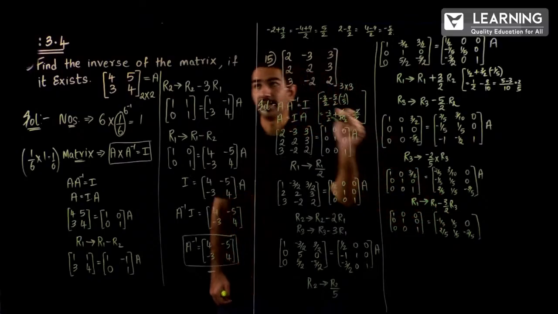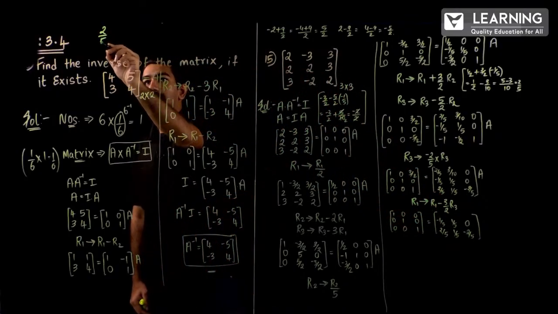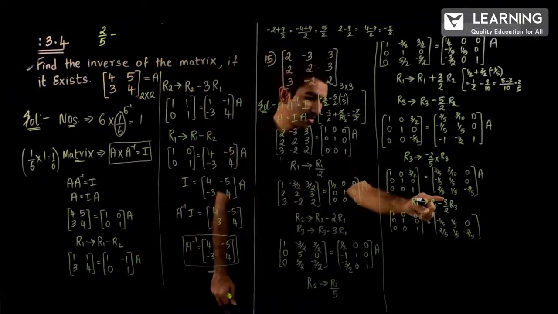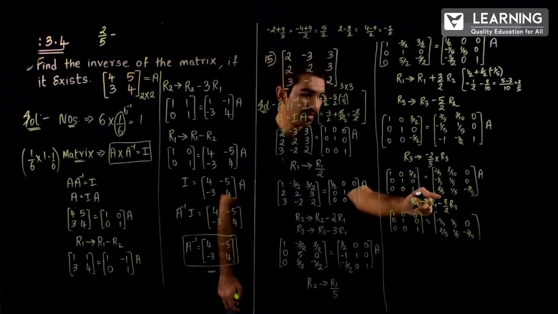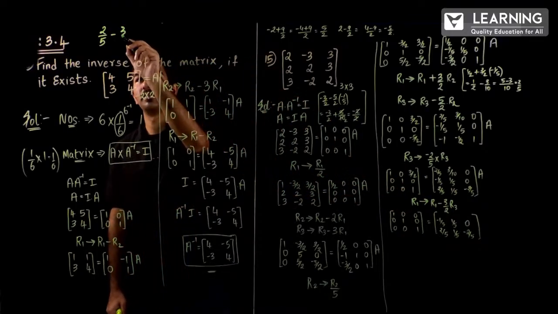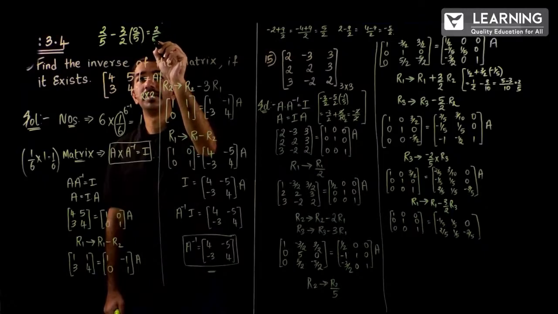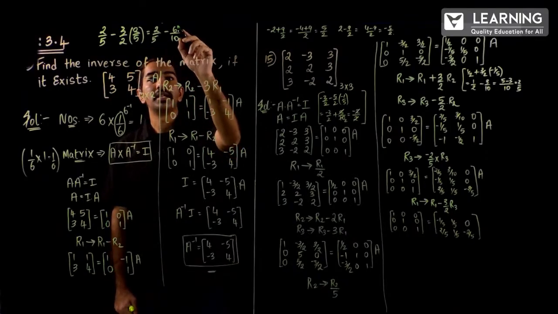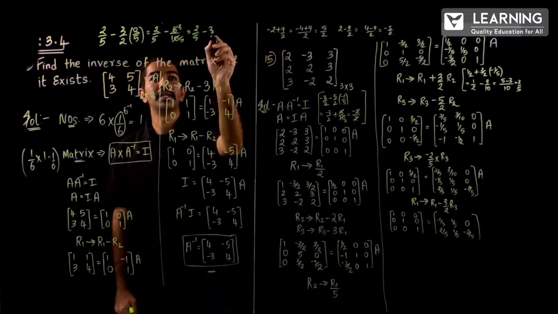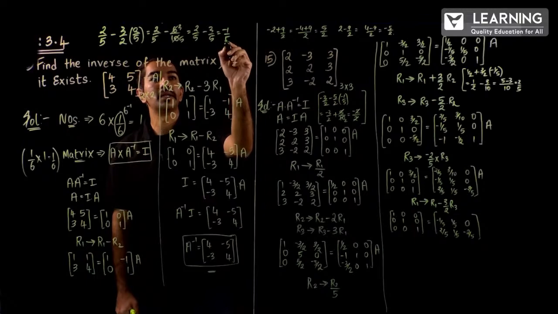R1 is how much? 2 by 5. 2 by 5 minus 3 by 2 of R3 is how much, students? 2 by 5 again, minus 3 by 2 of 2 by 5, which is equal to 2 by 5 minus 6 by 10. This is again becoming 2 3s are 6, 2 5s are 10, which is equal to 2 by 5 minus 3 by 5, which is equal to minus 1 by 5.